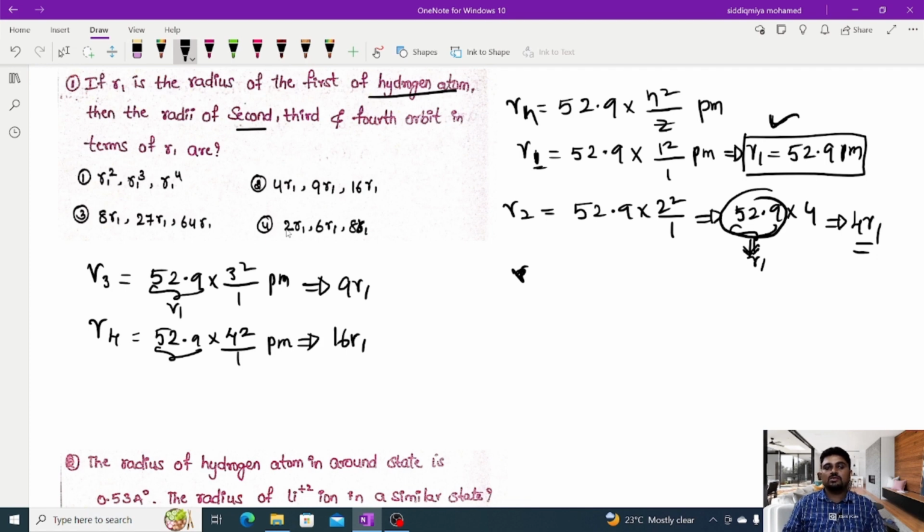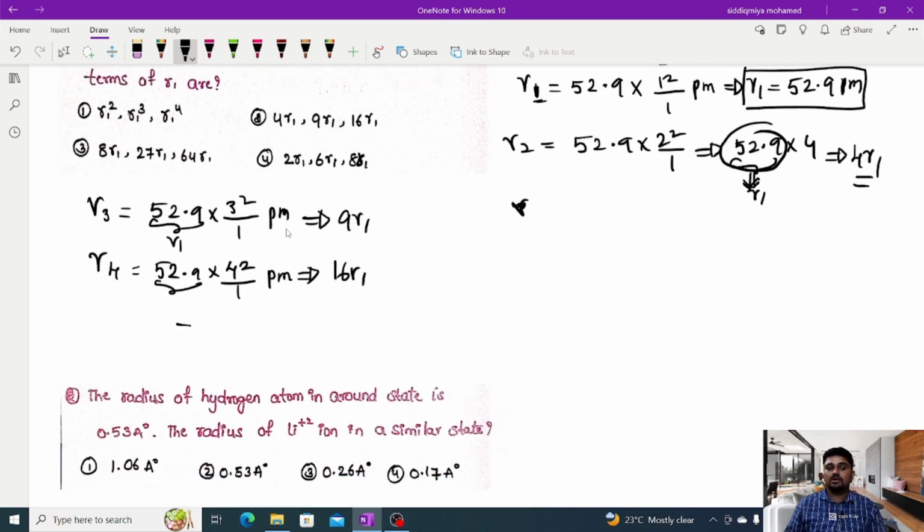So the answer: the radii of second, third and fourth orbits in terms of R1 are 4R1, 9R1 and 16R1. So the second option is the answer.